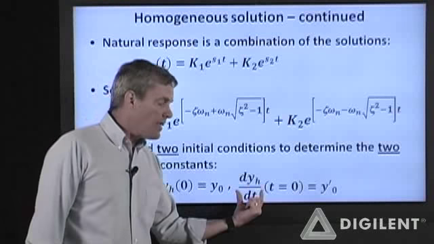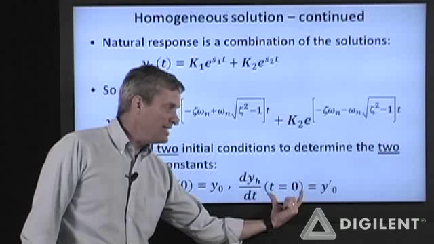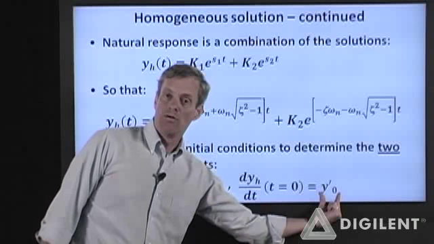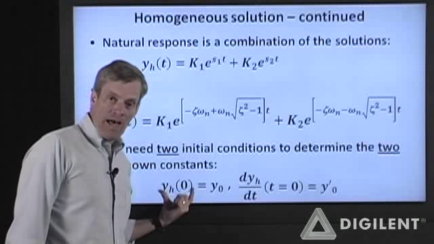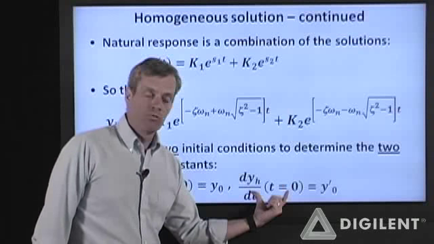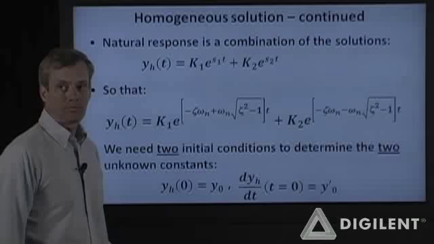Second, the derivative of the homogeneous solution with respect to time at t equals 0 is some number y prime sub 0. So we're given the value of the function at t equals 0 and the derivative of the function at t equals 0. We will use those to find k1 and k2.